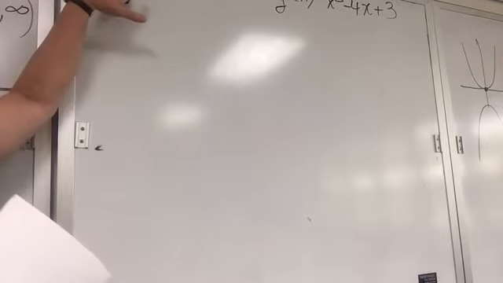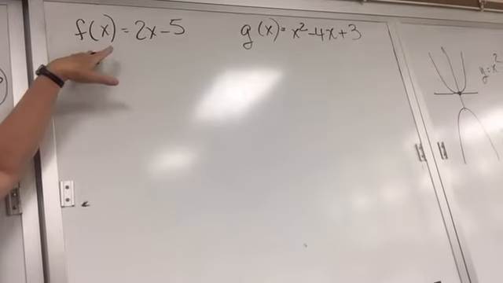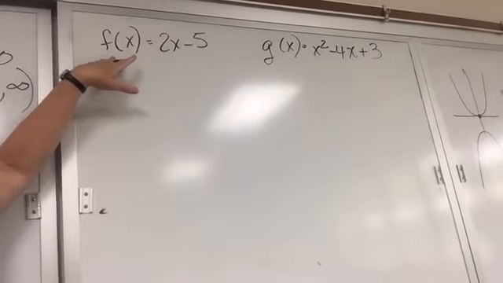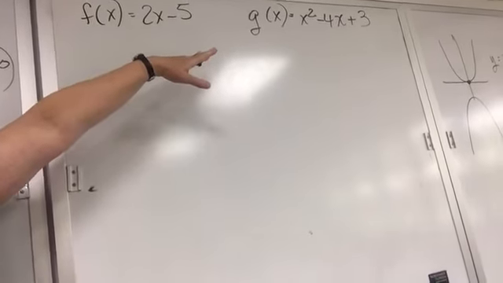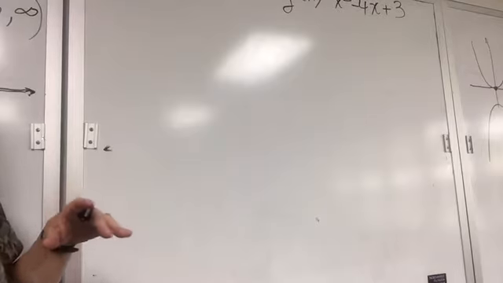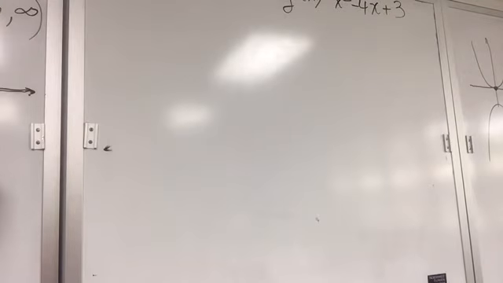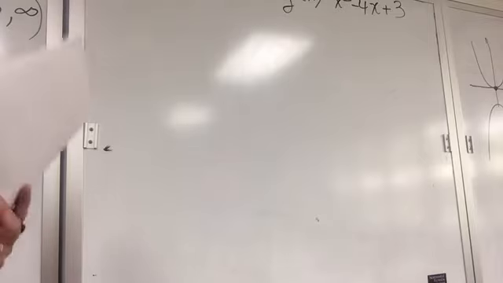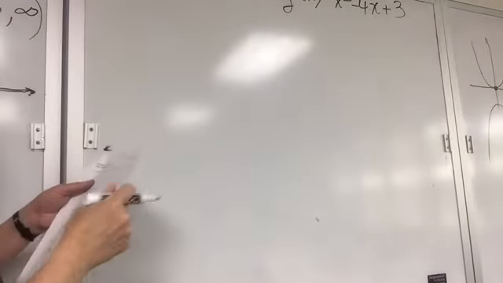Remember, the f of x and the g of x are simply taking the place of the y value. So we don't have a y, we have an f of x, which means function in x. X is the input variable, and y is actually the function. All right, so when we're plugging this in, let's just start.